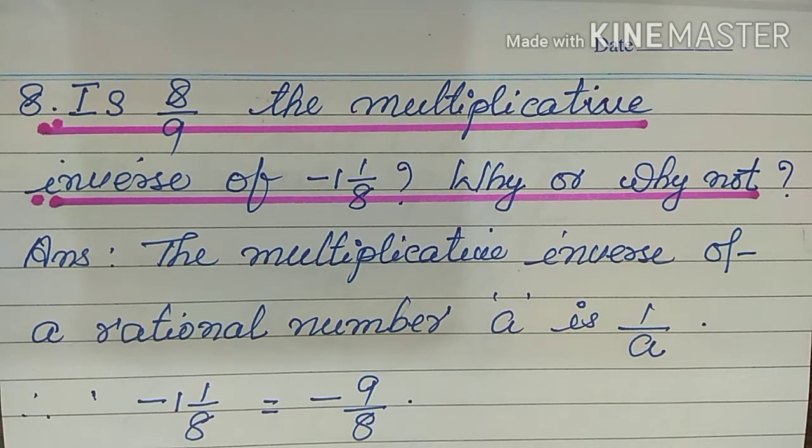So, a by 1, where a is the numerator, 1 is the denominator. Now, to find out the multiplicative inverse or the reciprocal, all you have to do is take its reciprocal. That means interchange numerator and denominator. So, a will become 1 by a.